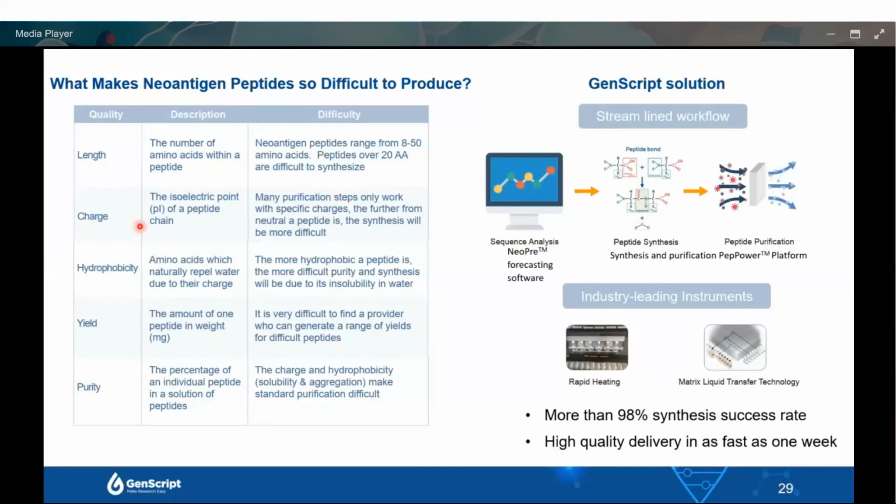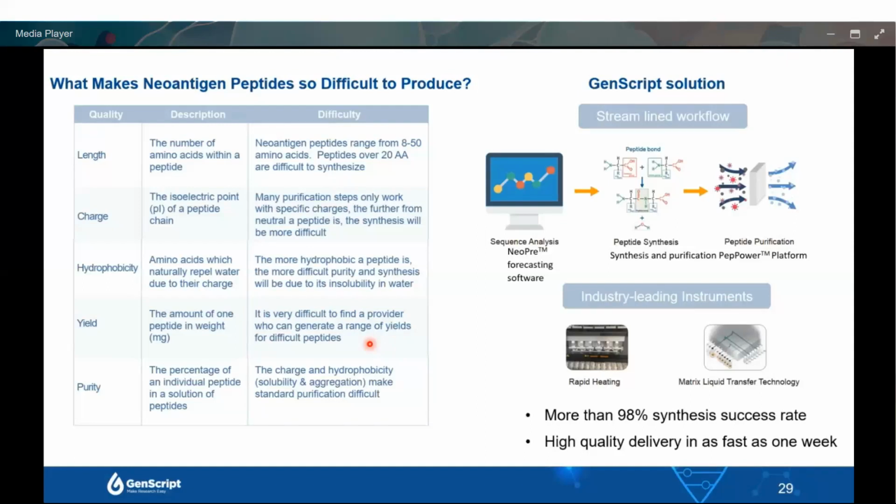The charge will affect the purity, and the hydrophobicity also affects the purity and makes the synthesis harder, because it's hard to dissolve in water. And the yield: it's very difficult to generate a very large amount.